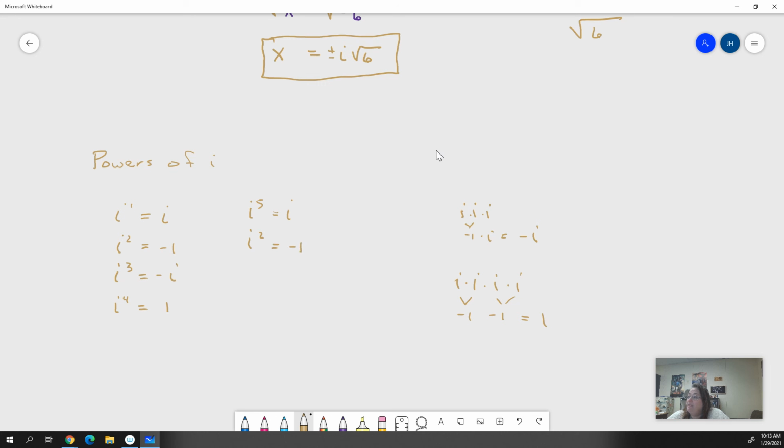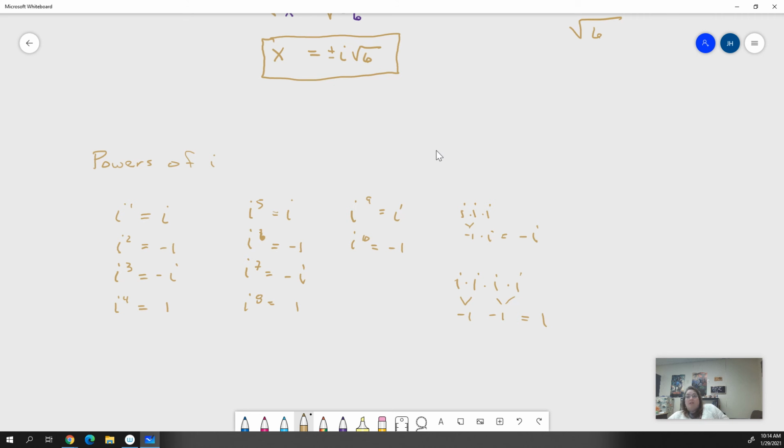And what you'll see, so sorry, this is i to the sixth, it looked like i squared. i to the seventh would be -i. i to the eighth would be 1. And we can follow this pattern forever. i to the ninth would go back to i. i to the 10th, well, that would be -1, and so on, right?